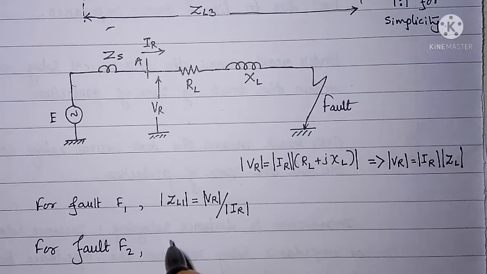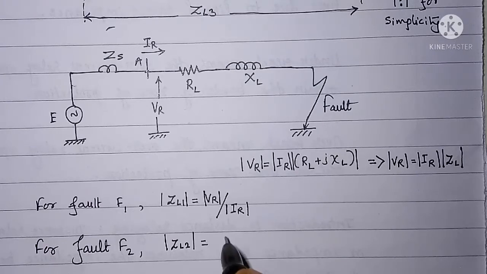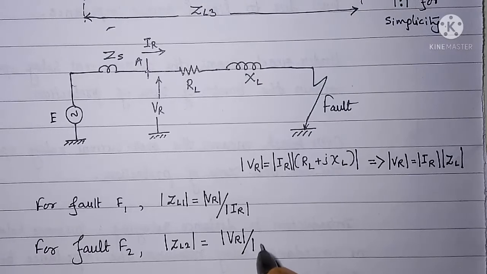For fault F2, the magnitude of impedance ZL2 is equal to the magnitude of VR by the magnitude of IR.